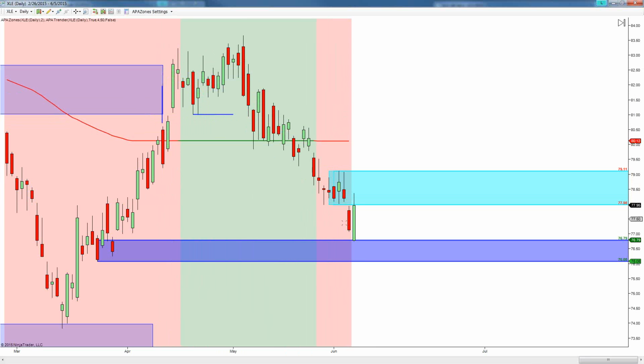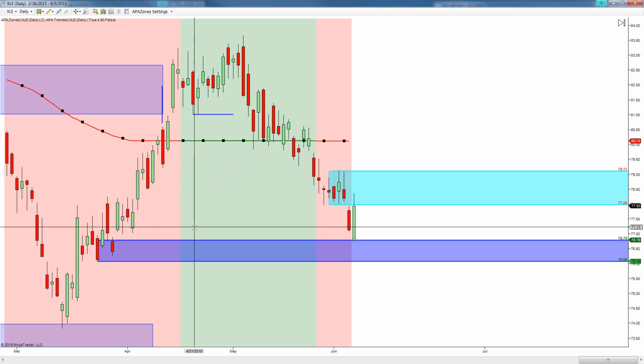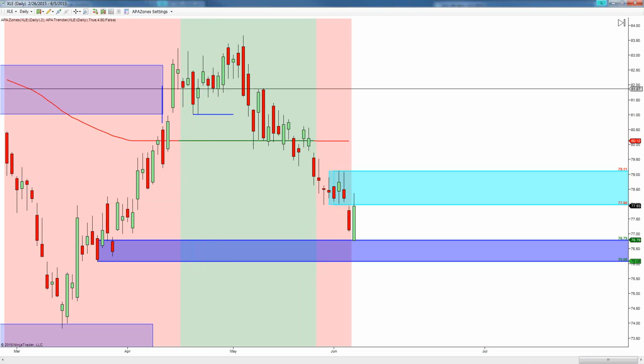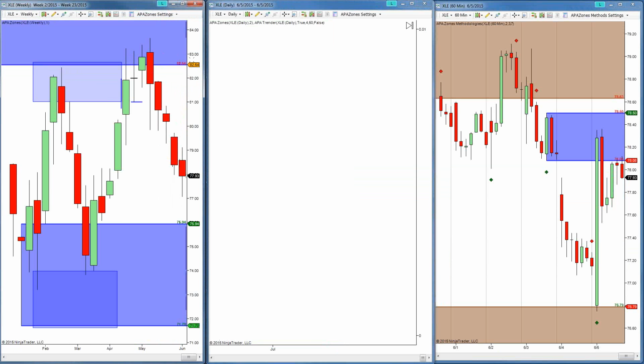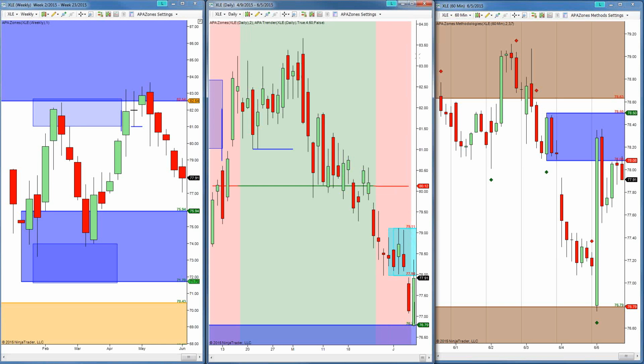Okay, so right now we're touching this big daily zone. The trender is absolutely flat. That is very interesting in my book, that it is absolutely flat. Given that that's flat, and given that on the weekly chart it looks like a range, I find that extremely intriguing.